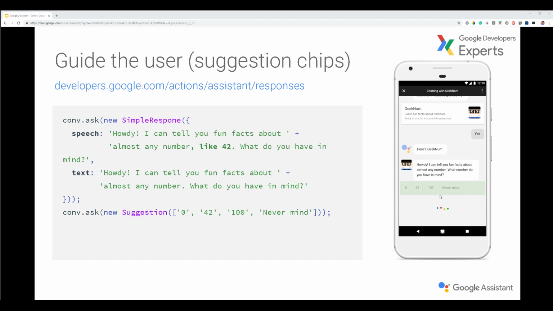This applies to all the conversations that the user is having. You can decide if your conversation is better with some suggestions. The user would automatically think, okay, these are the kind of suggestions it's looking for, and I can provide a response either by audio or by clicking on these.